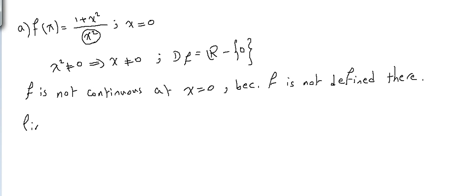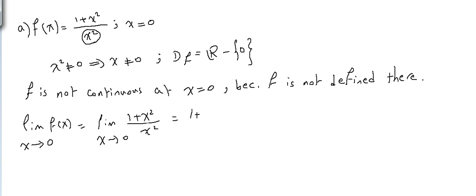To know if it is removable or not, we find the limit of f of x as x tends to 0. We get what? The limit of 1 plus x squared over x squared as x tends to 0. Substituting 0, we get 1 plus 0 over 0, which is 1 over 0. That gives me plus infinity. Infinity means it's not removable.